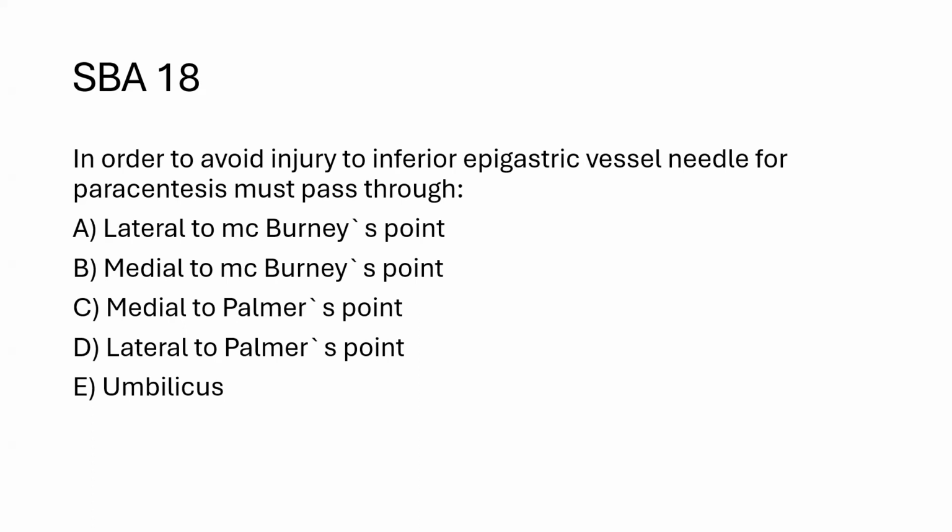And where is the McBurney's point? Medial 2/3 and lateral 1/3 of the spinoumbilical line. If you join a line between the umbilicus and the anterior superior iliac spine, it is the junction of medial 2/3 and lateral 1/3. So we have to be lateral to McBurney's point.